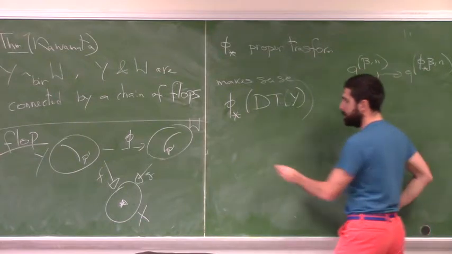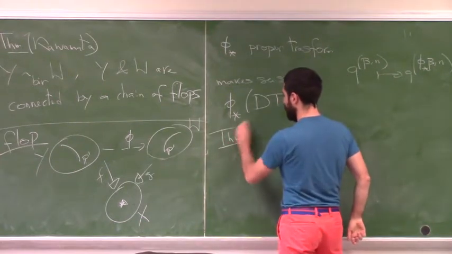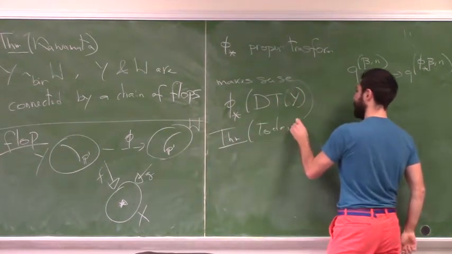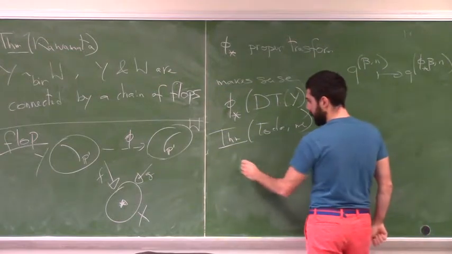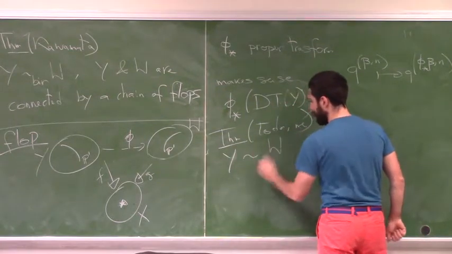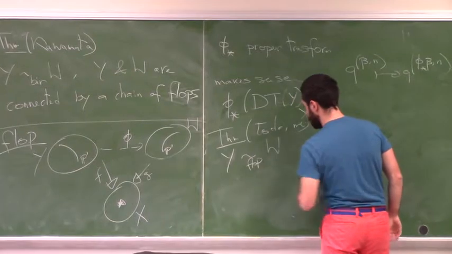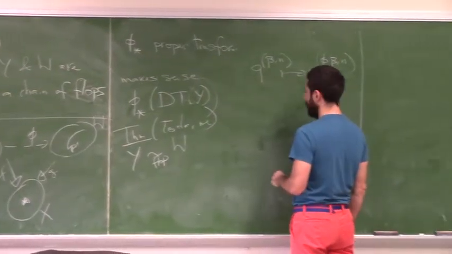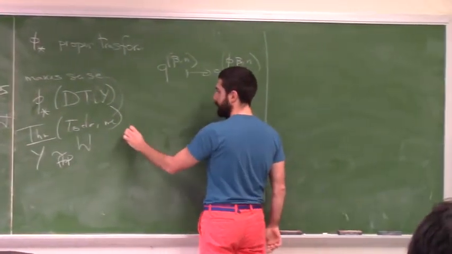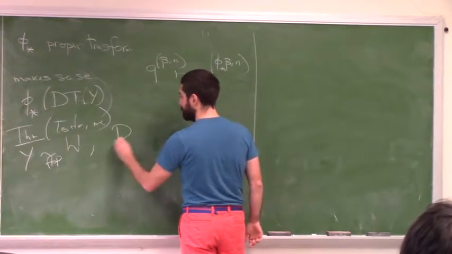And so the actual theorem is the following. If Y and W are now related by a flop, then I need just one extra definition, which is the following.